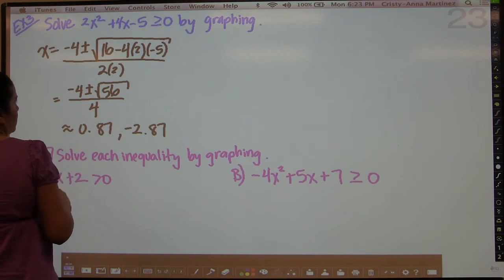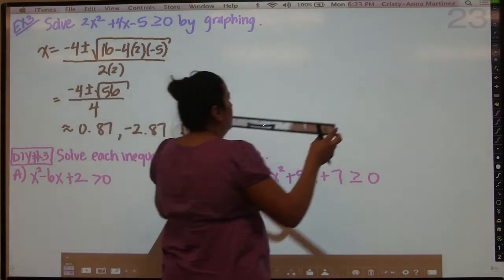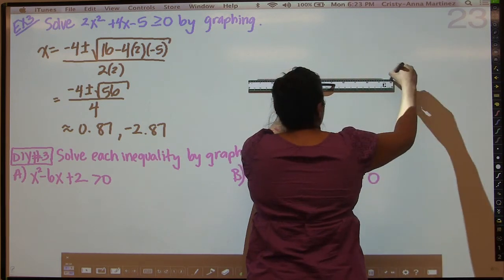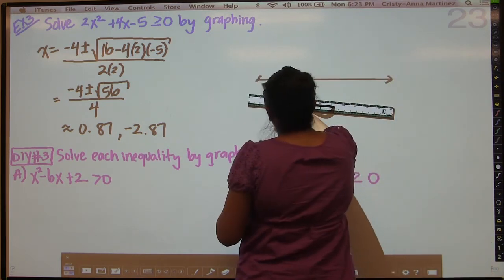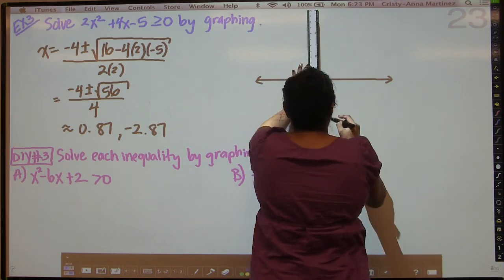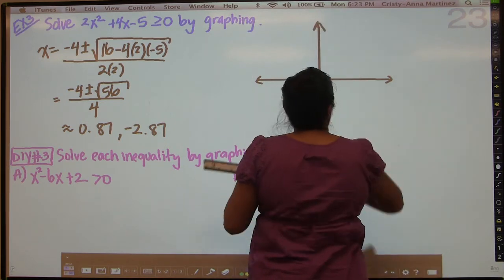Okay, now again, we said earlier, I'm not really interested in exactly where the vertex is. I just need to know where the zeros are, and I need to know whether or not this graph is opening up or down.